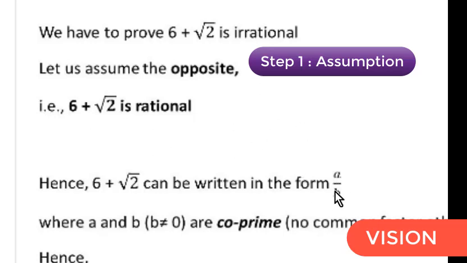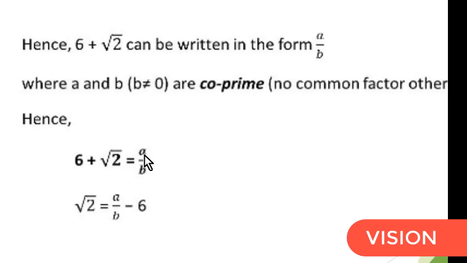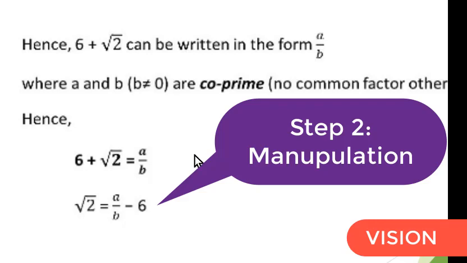A by b is the rational form we normally use to represent it. 6 plus root 2 equal to a by b, so root 2 equal to a by b minus 6. This is the manipulation step, step 2. After assuming, next we manipulate this equation.